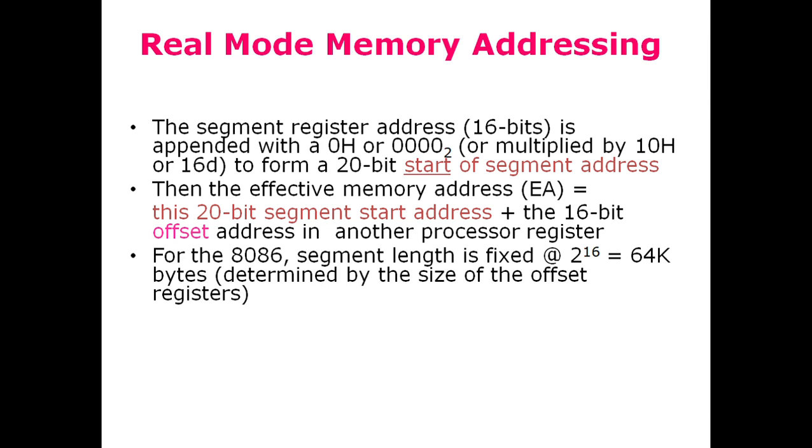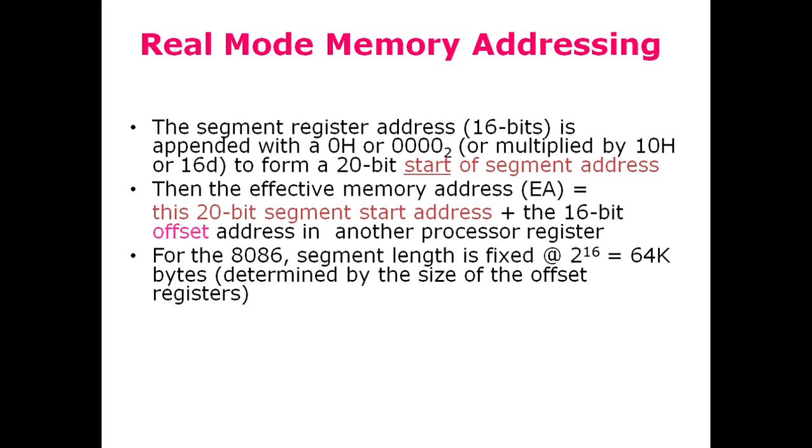So each time a segment register is accessed, the 16-bit value taken from the segment register is appended with 4 zeros in binary on the right-hand side, or a single 0 as a hexadecimal digit on the right-hand side, and we get a 20-bit address, which is the starting address of the segment.